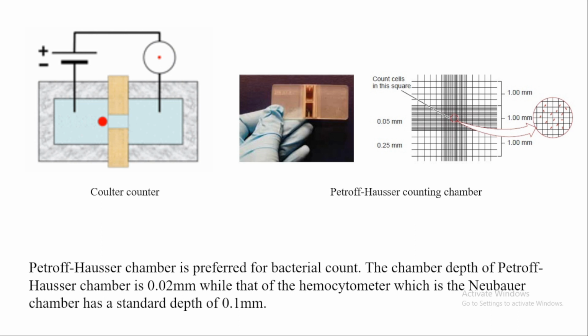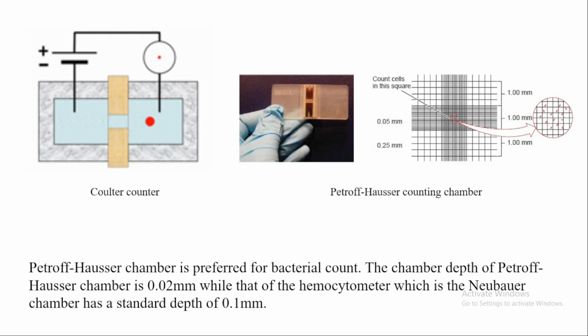Whereas both Petroff-Hauser counting chamber and hemocytometer, which is also known as Neubauer chamber, are used to only count the number of cells. So in the next figure you can see it's a kind of a slide, and on the slide these kinds of grids are formed.